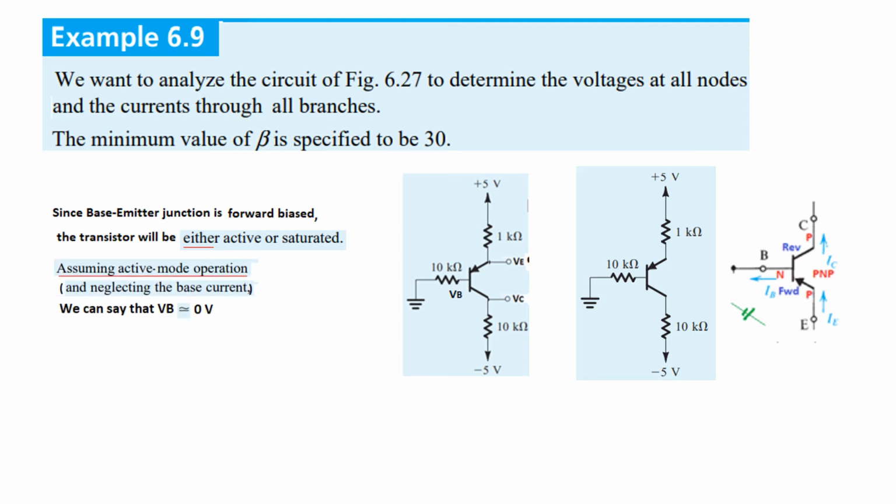So as we mentioned in the previous slide, we have to assume it to be in active mode first of all. Assuming active mode, we are neglecting the base current in this, so it is 0. Therefore, VB will also be equal to ground, or 0.